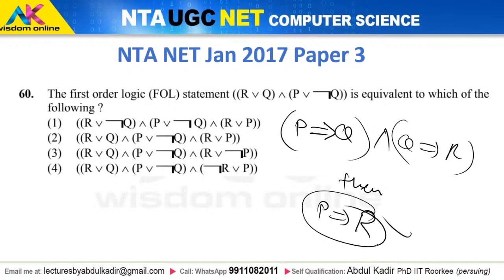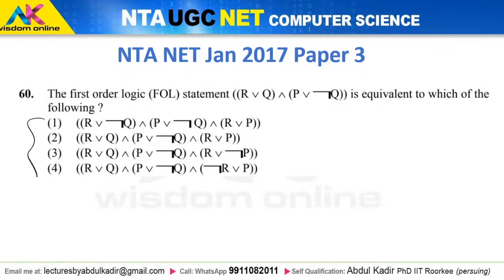Now, from the options, I got to know that they have used the transitive property, because these two things are the same everywhere. They have added additional information, and that additional information you can get from this transitive property.